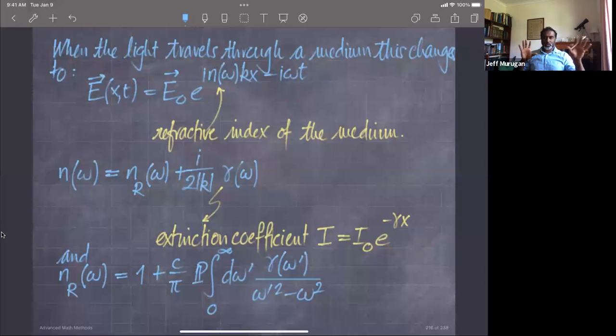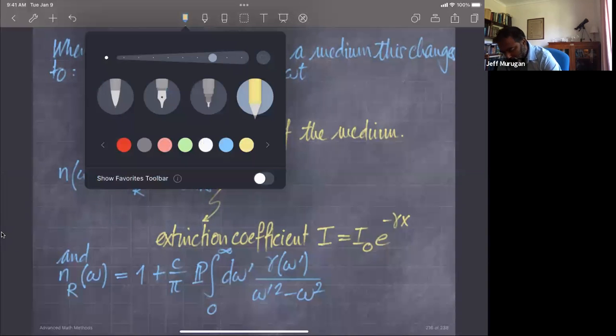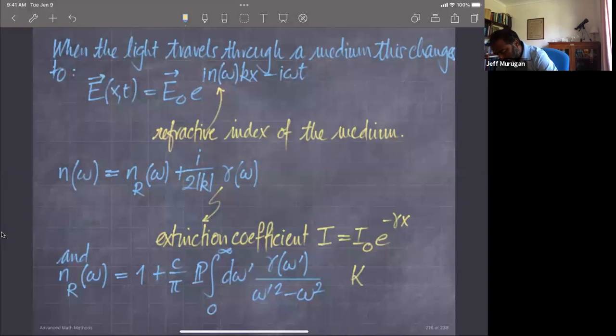This relationship between the real and imaginary parts of the complex valued refractive index is what people that work in optics call the Kramers-Kronig relation, in the theory of optics.